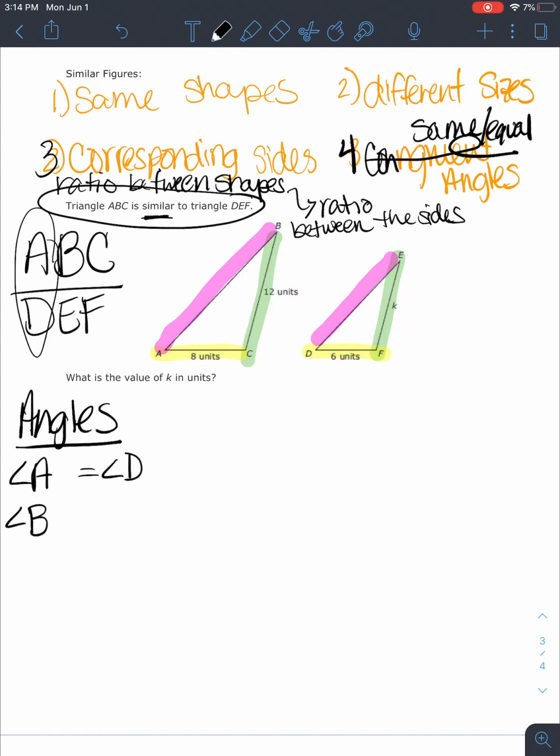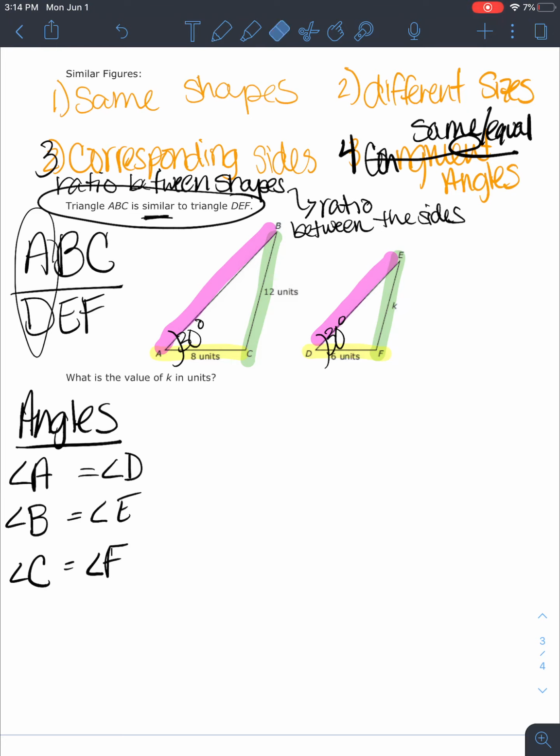Angle B is going to be the same measurement as angle E. And angle C will be the same as angle F. If I throw some numbers in there, say A was a 30-degree angle, then automatically I know, because I know the properties and relationships of similar figures, that D is also 30 degrees.